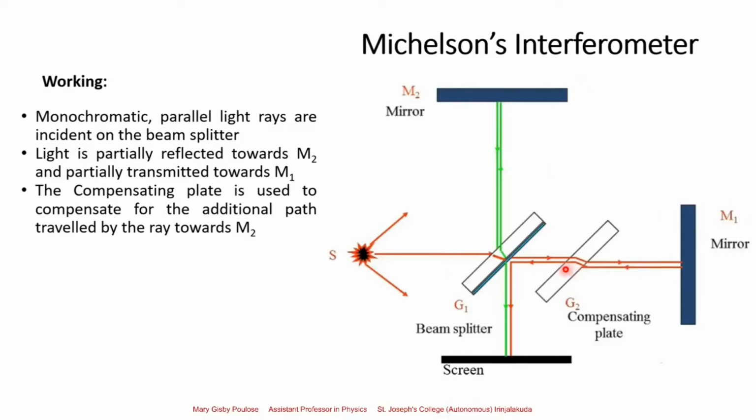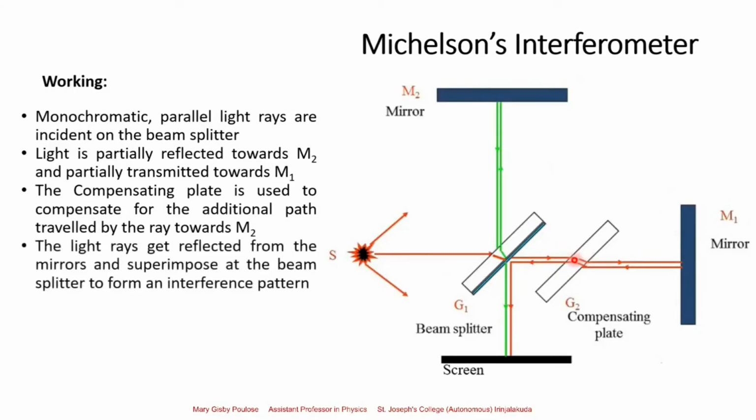Hence, the additional path difference of 2 mu t is compensated, where mu is the refractive index of the compensating plate, identical to that of the beam splitter, and t is again the thickness of the compensating plate, identical to that of the beam splitter.